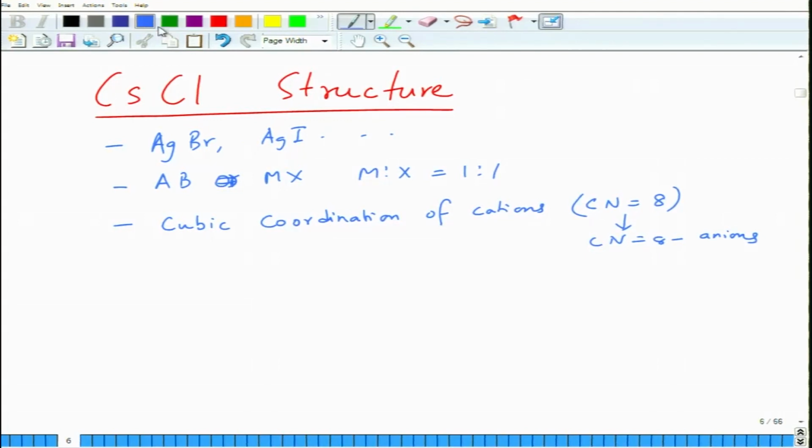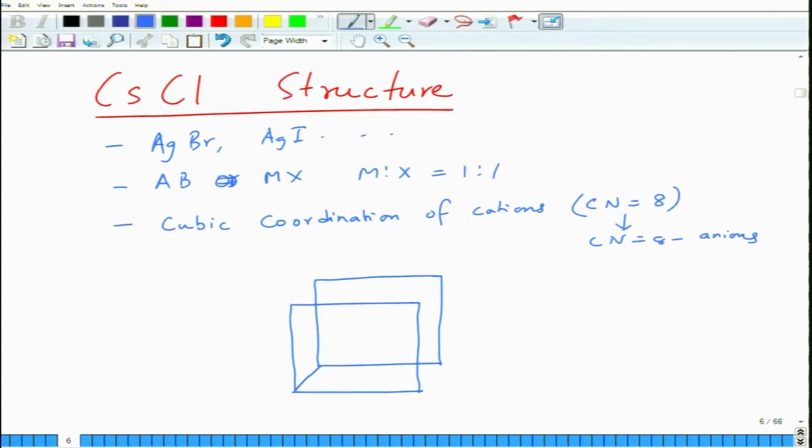So the structure is something like the following. These are chlorine atoms, and the cesium atom goes right at the center of the unit cell.